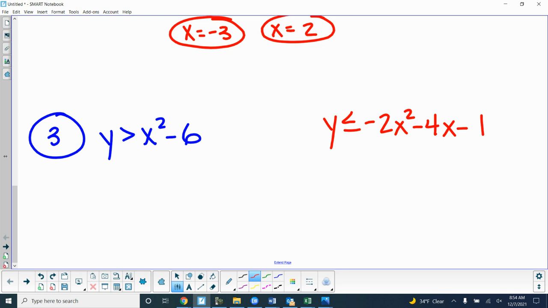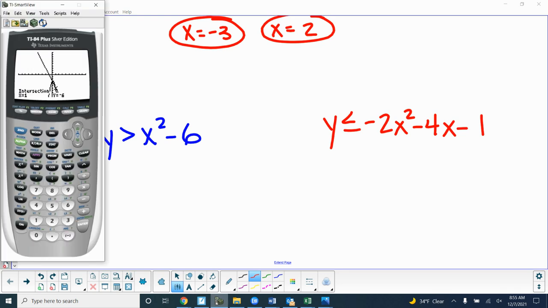It's already got y by itself, so that's fine with me. Go back to your y equals, clear that out, and put x squared minus 6. And in this one, it's a negative 2x squared, so I'm just going to change that 5 to a 2. Minus 4x and minus 1. And now I'm going to hit graph then.